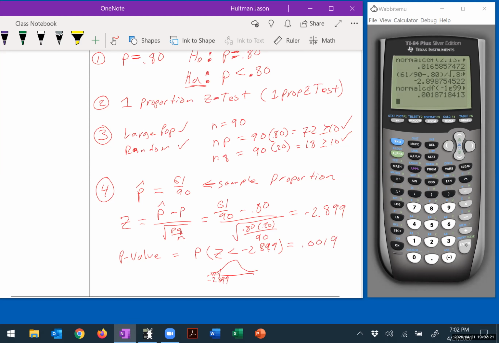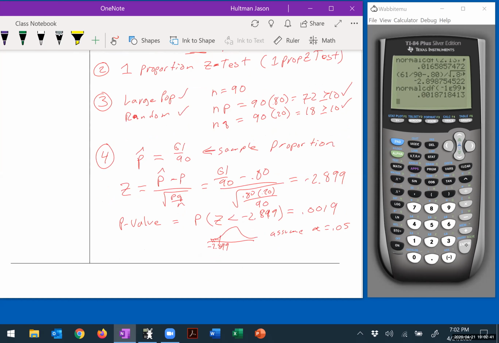Now, they didn't give me what alpha was, so I'm going to assume alpha is 0.05. That's what we're testing against. So how does the p-value compare to alpha? Well, 0.0019 is significantly less than 0.05.